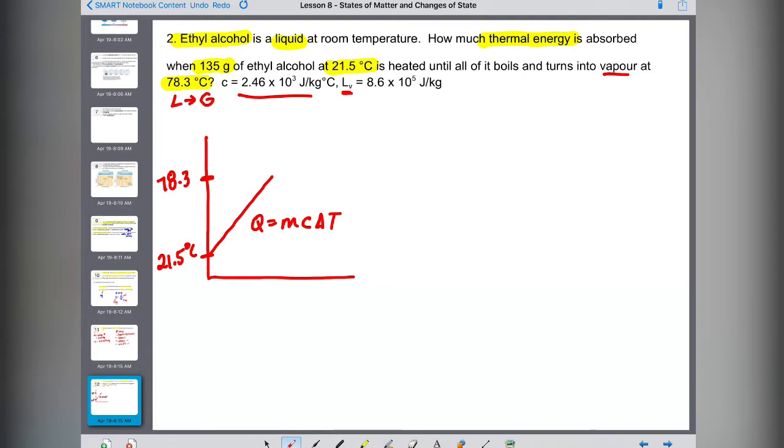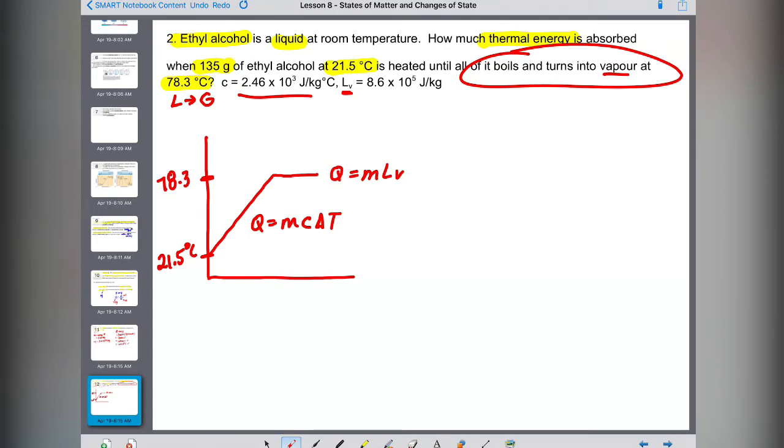And then they also say it is now completely turned into vapor. So that means we actually have to put extra heat in to evaporate it. So in that case, the other equation is Q equals mLv. So during the change of state, even though there is no change in temperature, it still requires heat to actually evaporate and boil off the ethyl alcohol.